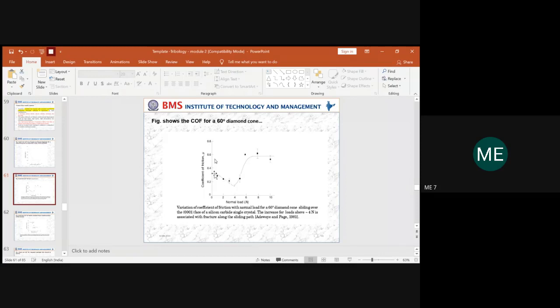Similarly, the COF values across each normal load are measured 3 times. Then you find out the error bar, and then you show the optimum COF values across all the normal loads. If you do it like this, then only you get accurate and stabilized values. That shows the accuracy also.